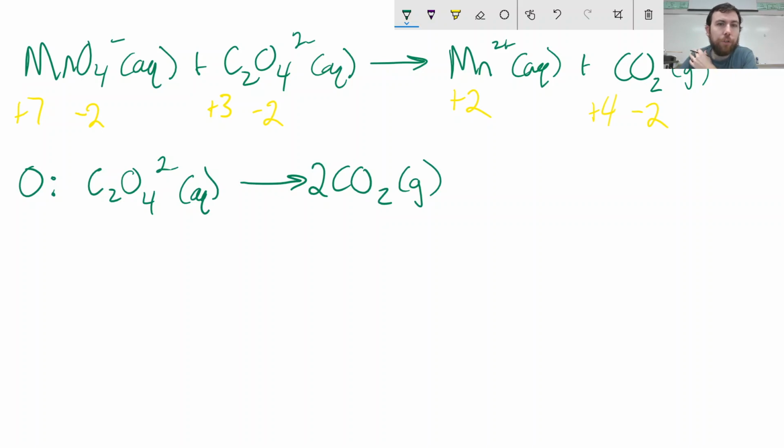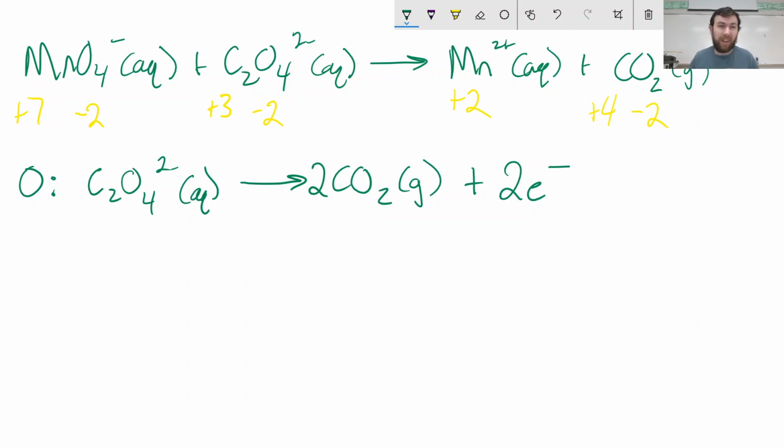It's at -2 currently, and it's neutral on the right. Since oxidation is loss of electrons, we're going to come over here and say, all right, I know that there were 2 electrons that need to be added over here that are lost so that each of those carbons can go from a +3 to a +4 oxidation state. Okay, and looking at that, at least for now, that takes care of our oxidation half reaction. That's all we can do at this point.